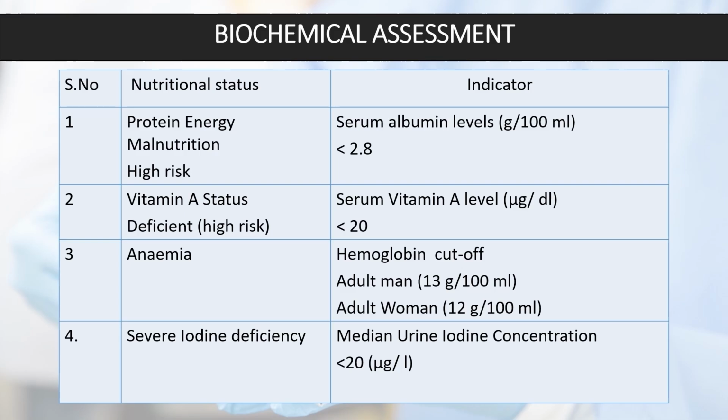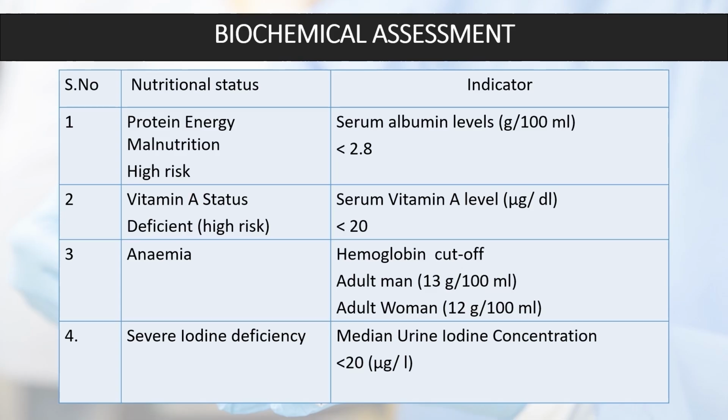We talked about anthropometry earlier, where low weight for height is indicative of malnutrition, particularly the subclinical forms of protein energy malnutrition. Likewise, biochemical assessment is more reliable. It will confirm the diagnosis.